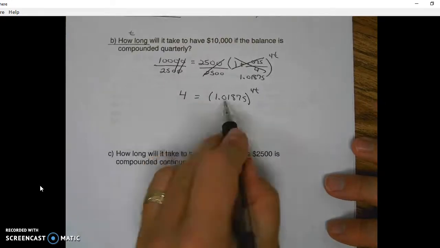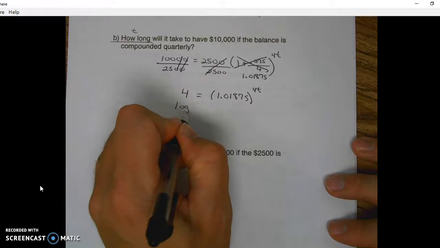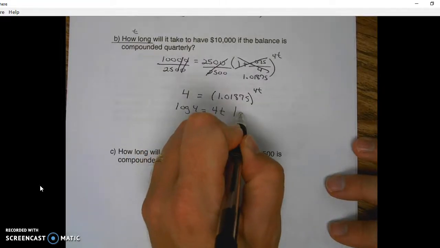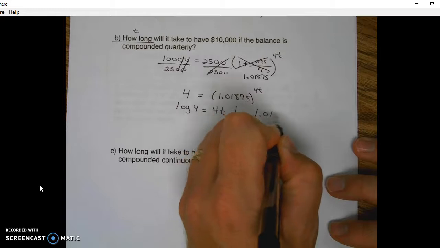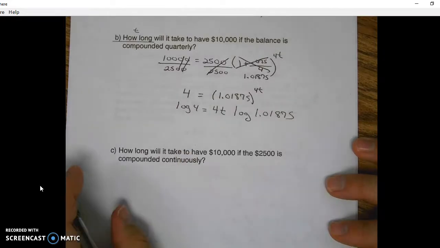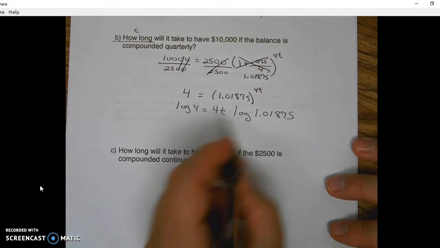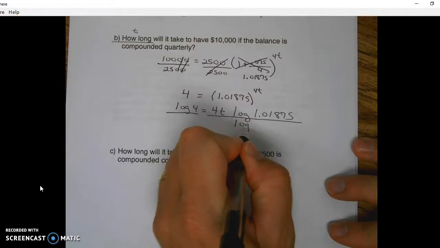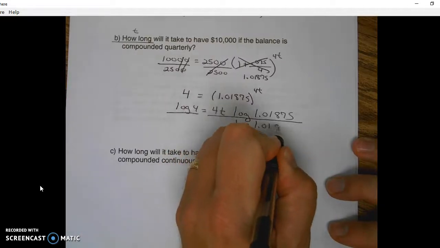Take the log of both sides and bring down the exponent. Now we want to solve for t. Many of you are doing this in 2 steps, so I'll do it in 2 steps as well.